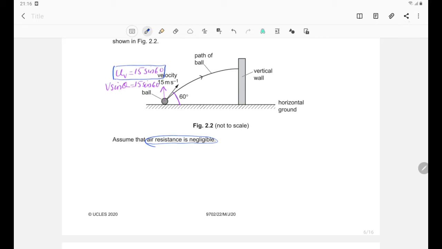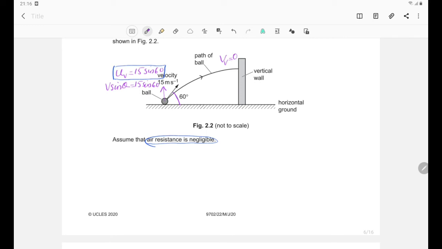Okay. Now, when the ball hits the wall, what is its final vertical velocity? As you know, in any projectile motion, when the object is at the maximum highest position, all its velocity will be horizontal velocity. The vertical velocity of the ball will be 0. So the final vertical velocity, we can represent it by vv, at the top of a projectile motion will always be 0.